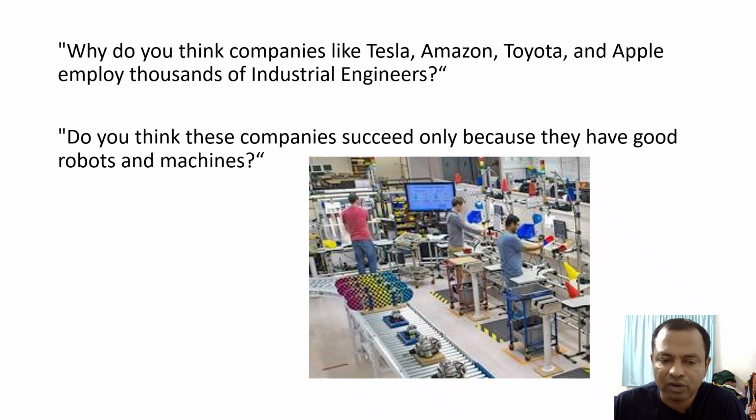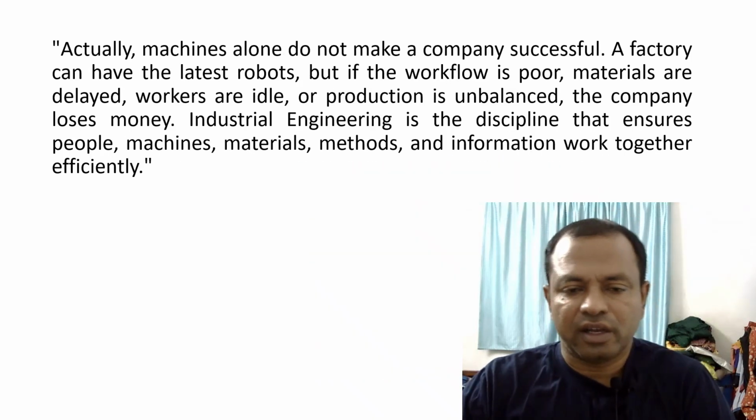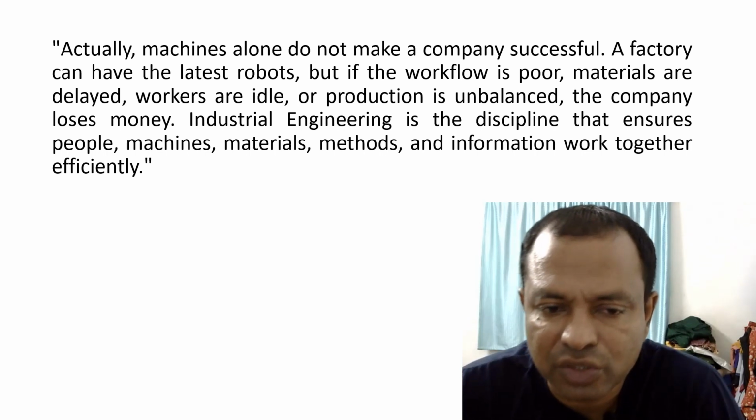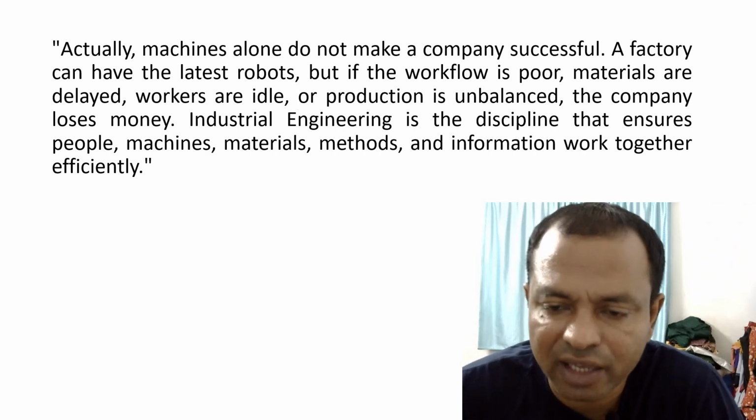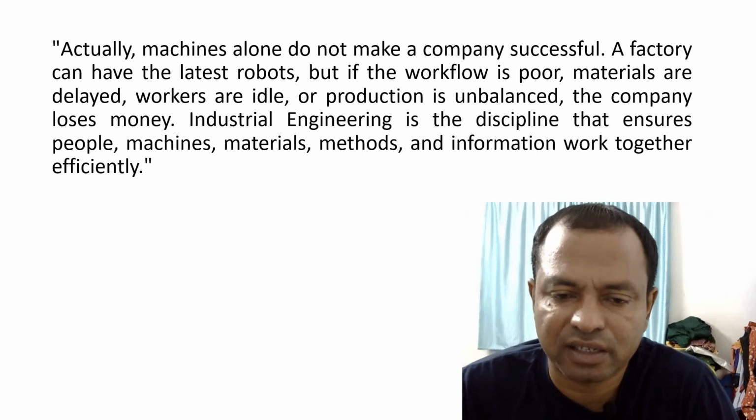They have good robots and machineries in their companies, but that alone is not enough to make their work more efficient and productive. The application of industrial engineering is one of the important factors to increase the efficiency as well as safety of the employees. So the company will lose money ultimately if safety is not considered.